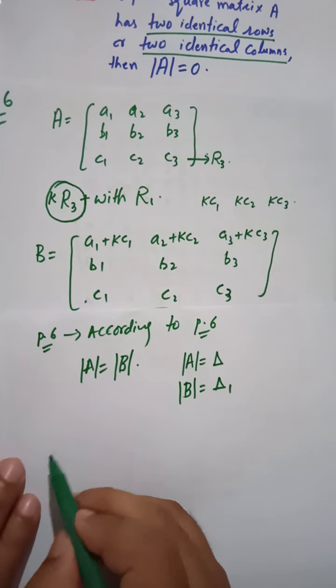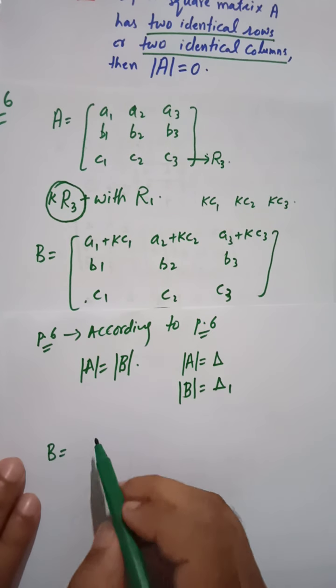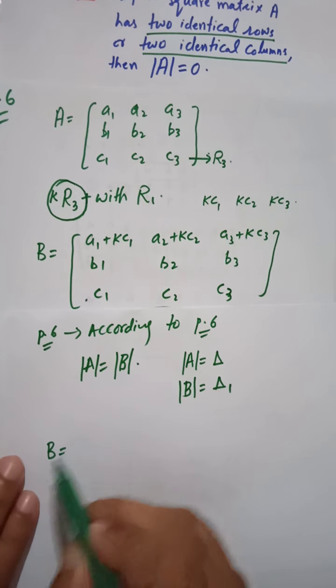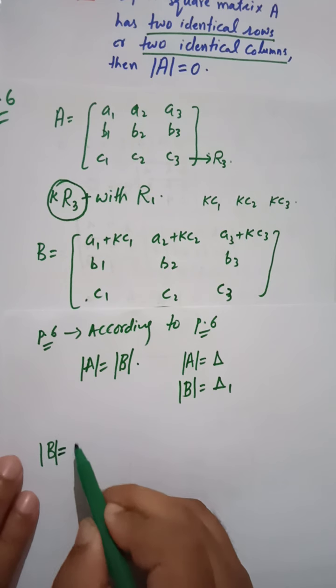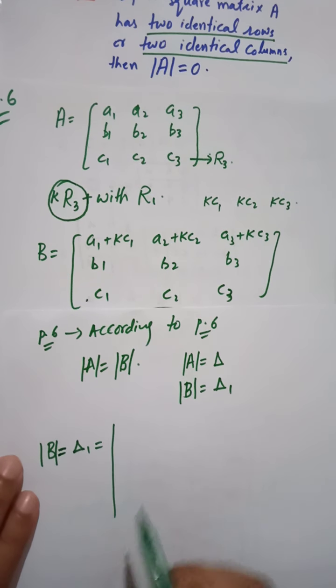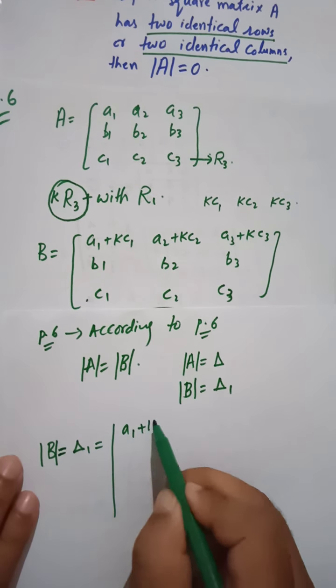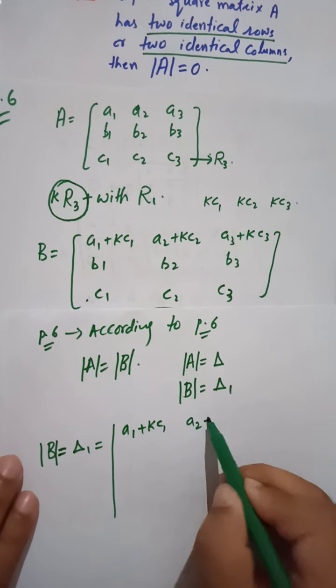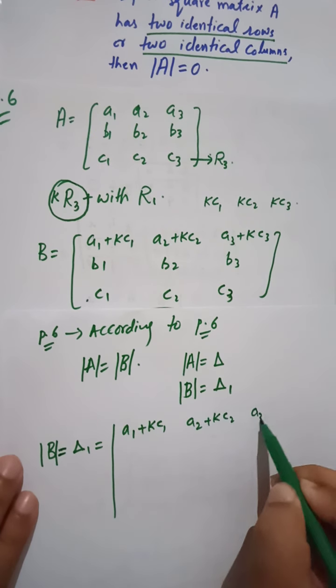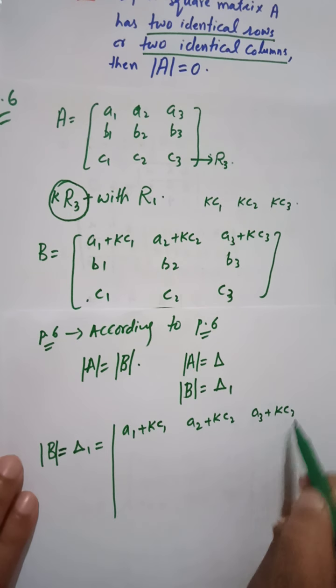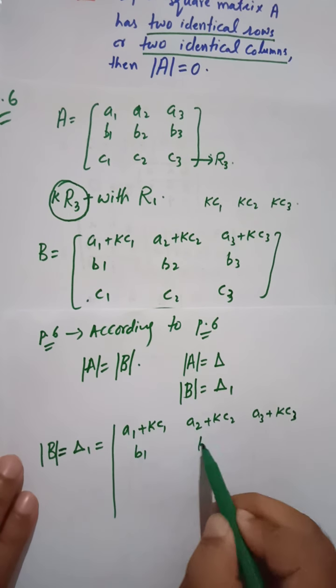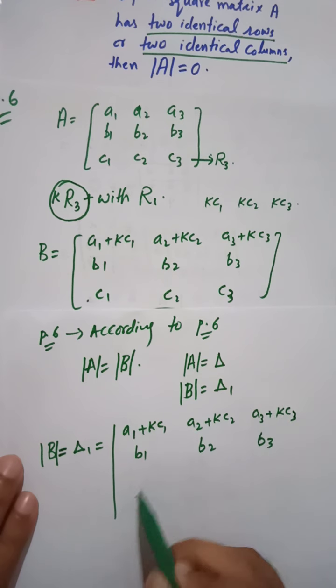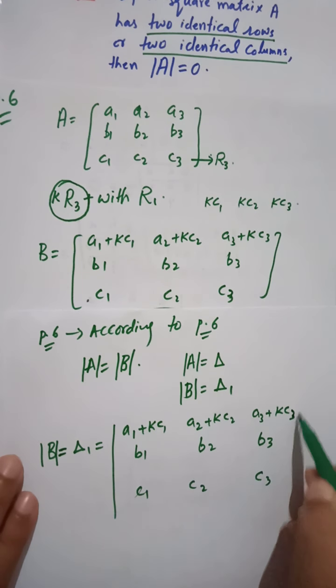So matrix B in the determinant form can be written as A1 plus kC1, A2 plus kC2, A3 plus kC3, B1, B2, B3, C1, C2, C3.